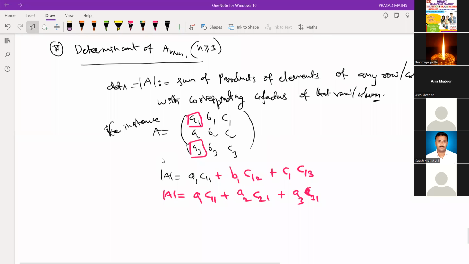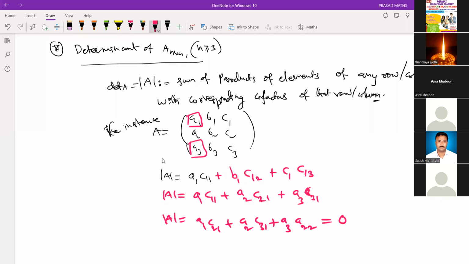Suppose you take the det like this. Suppose you take A1 with a different cofactor, A21. Suppose you take A3 into A22. What is this? 0. What is this? 0. With the same row, same column, this is important. Right? A1, where is A1? It is located at the 1-1 entry.